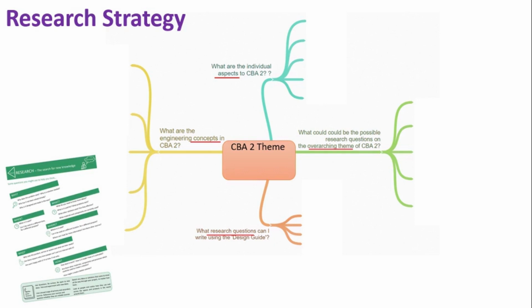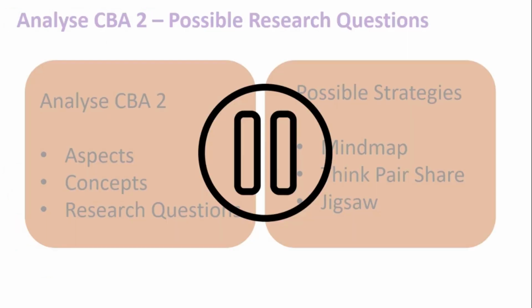There are resources on the jct.ie website, such as the Design Guide, which will provide additional support in developing research questions. At this point, I want you to pause this video, reflect on CBA 2 for this academic year, and develop a mind map on the CBA 2 theme, including its aspects and concepts, and the theme as a whole, and possible research questions that could emerge from that.